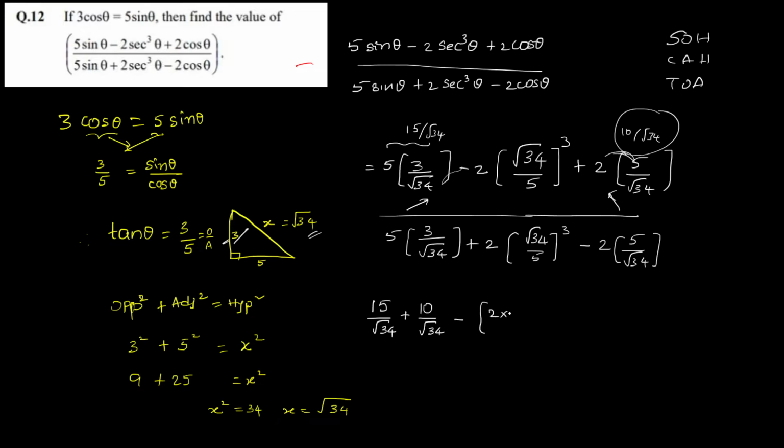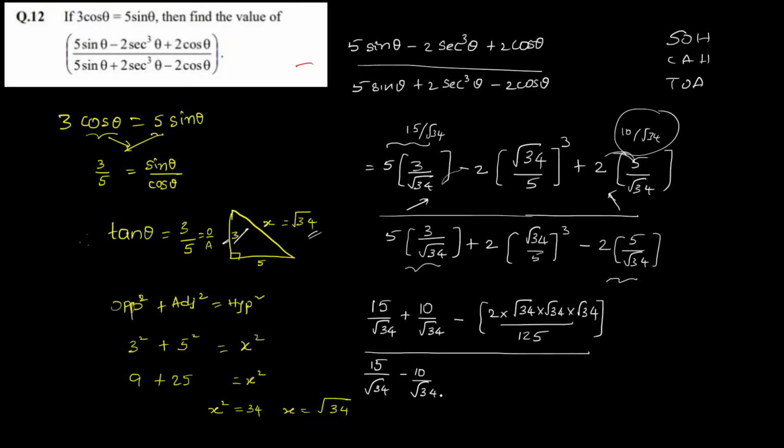I can write as root 34 into root 34 into root 34 by 5 cube, which is nothing but 125. Similarly, in the denominator I'll get 15 by root 34 minus 10 by root 34 plus 2 into root 34 into root 34 into root 34 by 125.